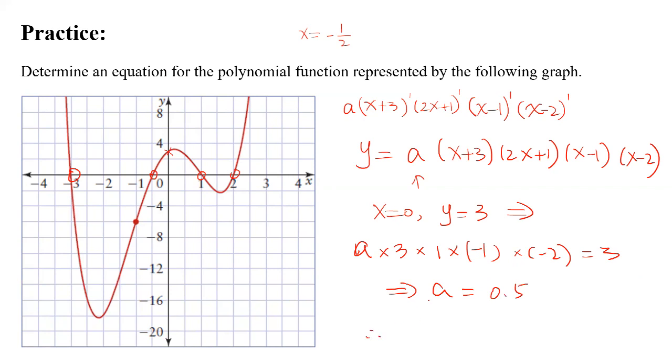So the final solution is y equals 0.5 times these factors. This could be a possible solution to the graph. Note there should be a lot of solutions. The function we find here is the function with the least degree.